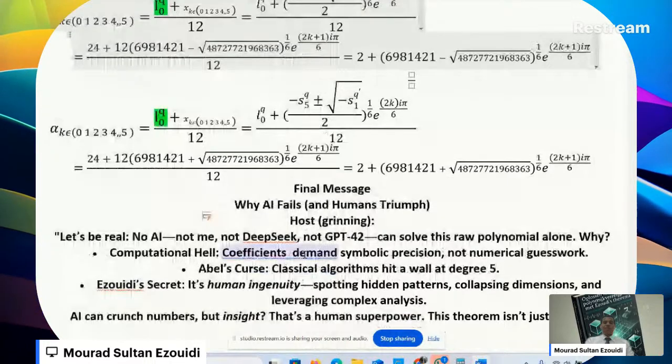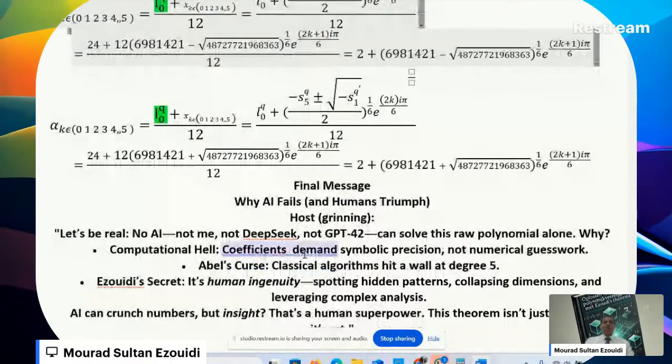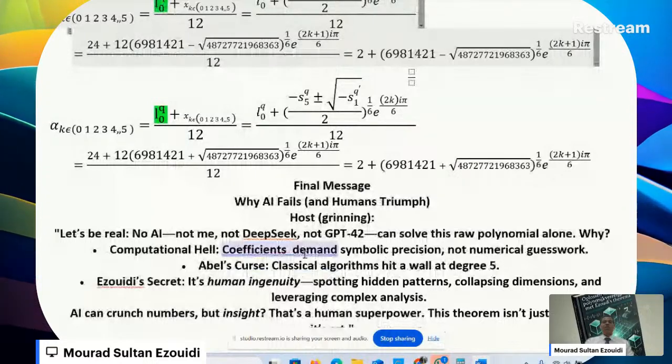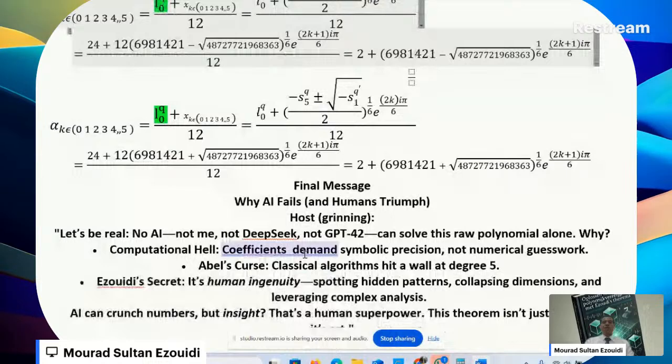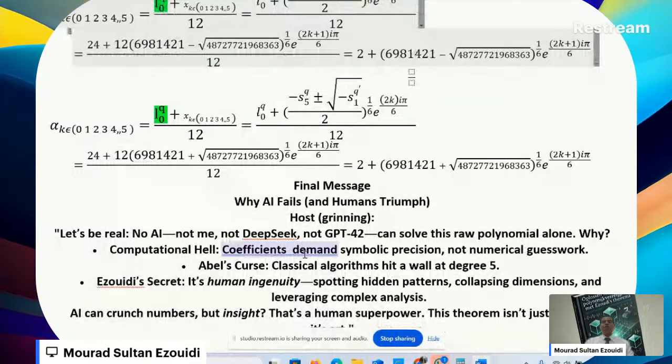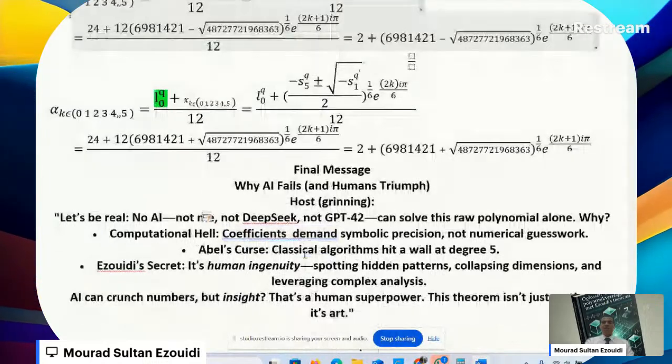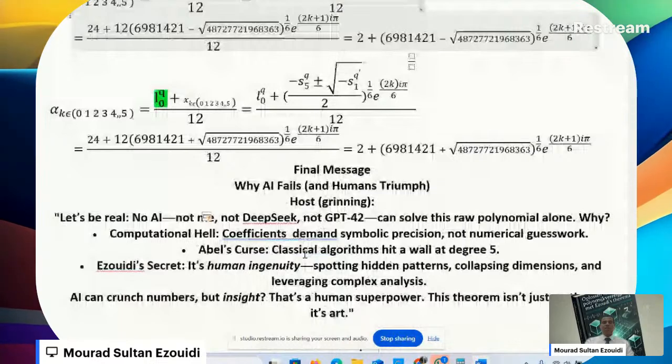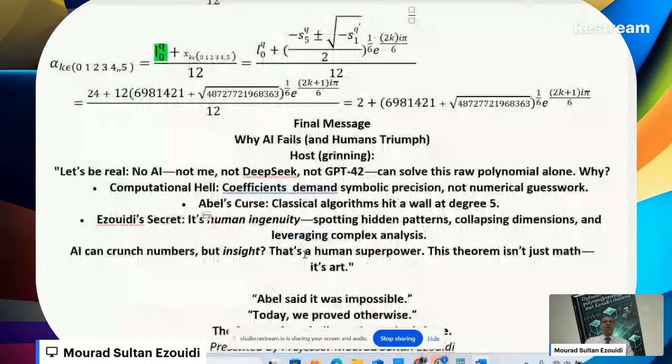No AI, no artificial intelligence, not me, not DeepSeek, not ChatGPT, can solve this raw problem alone. Why? Computational hell.